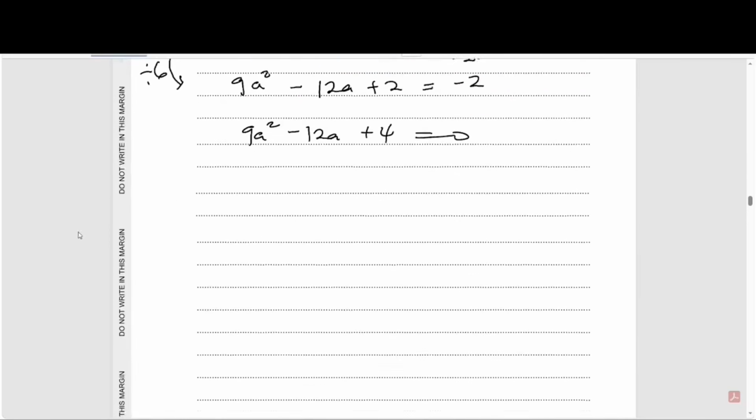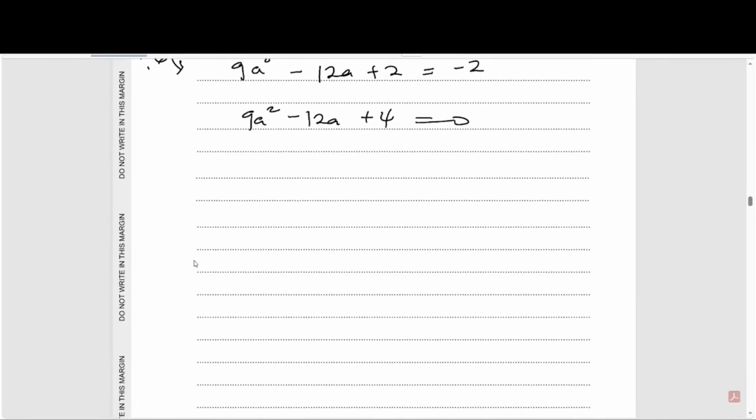This is a quadratic and I'm going to solve for the values of a. So I'm going to go 9 times 4 is 36. So we can use negative 6 and negative 6. I have 9a squared minus 6a minus another 6a plus 4 is equal to 0. We pair and factorize. 3a is a factor.